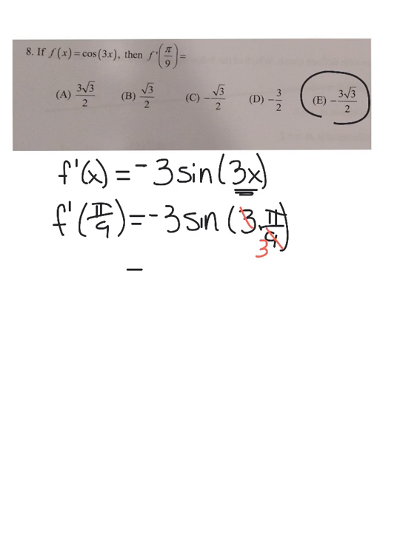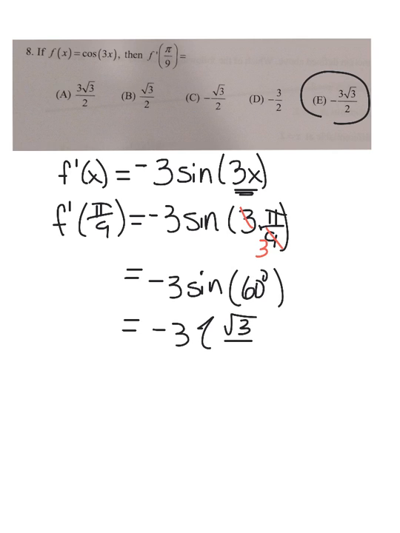So then I just look up, in my card catalog, in my brain, because I haven't memorized, the sine of 60, right? Okay, and I know that the sine of 60 is radical 3 over 2. So then that's negative 3 radical 3 over 2. The answer is choice D.